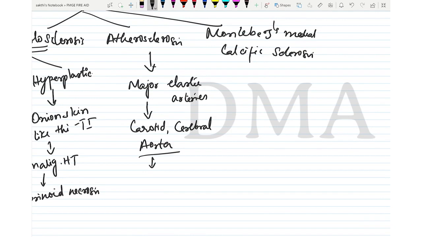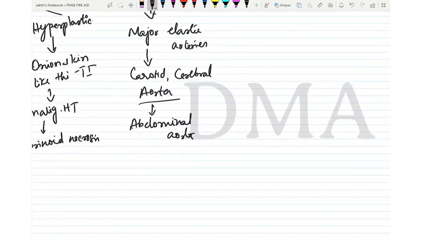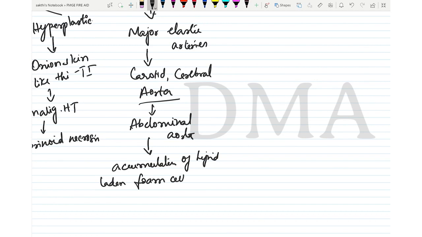In atherosclerosis, there is an accumulation of fat, of lipid-laden foamy cells along with extracellular matrix in the tunica intima, which is going to block the lumen of the arteries, leading to ischemia, which in turn can lead to death, that is infarction.